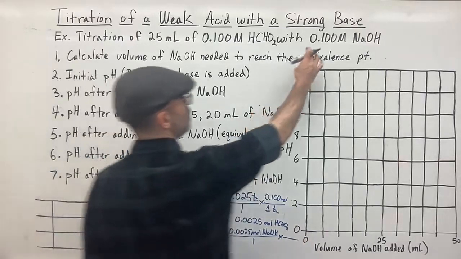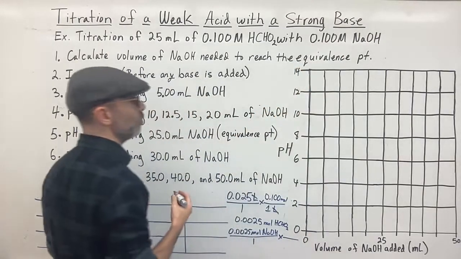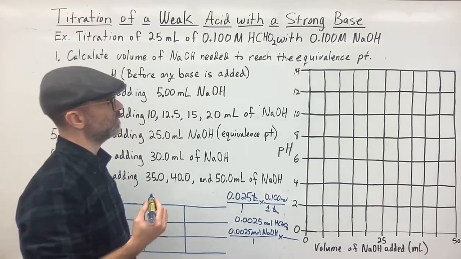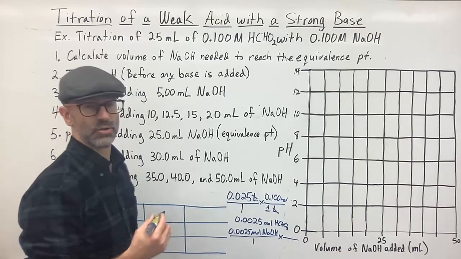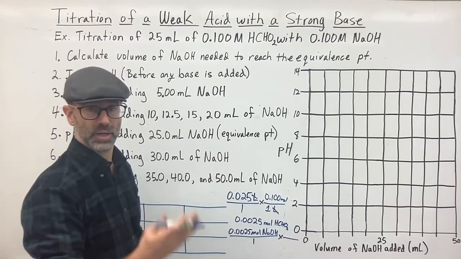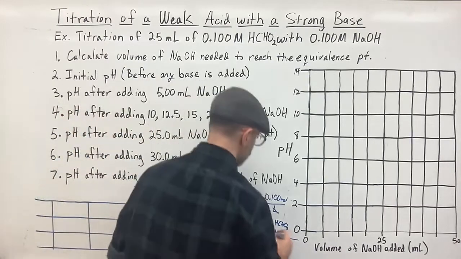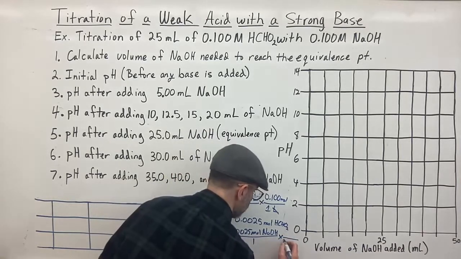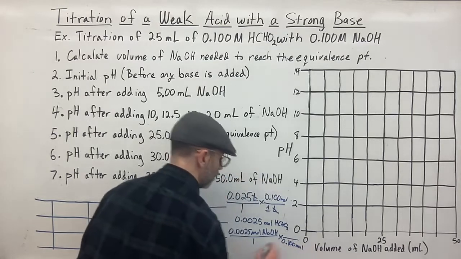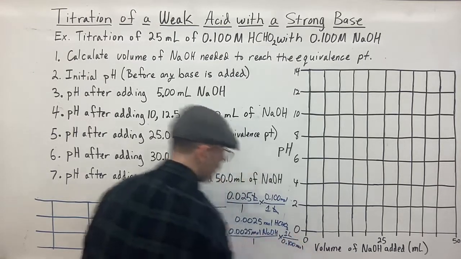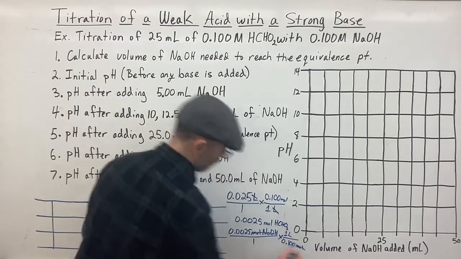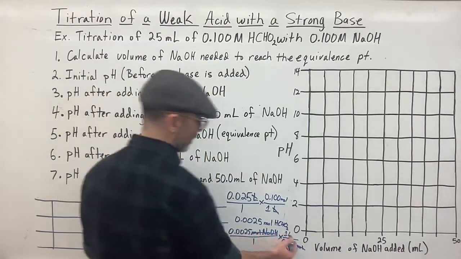Again, 0.100 molar is 0.100 moles per liter. So molarity is moles per liter. We have the moles on top, so we're going to have to put 0.100 moles on the bottom, 1 liter on top. So this time moles of the NaOH cancel out, and we're left with liters.